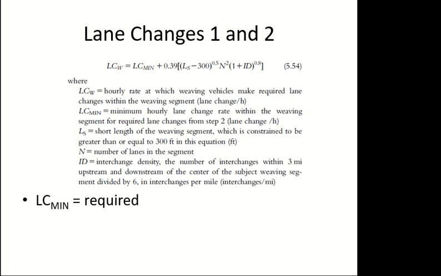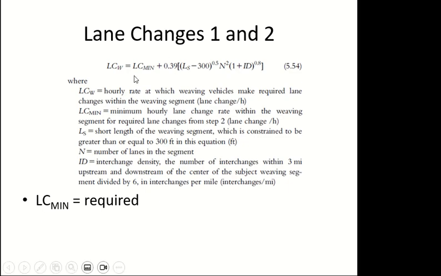So your total is 6 miles. So whatever number of interchanges you counted, we divide by 6. After the division, you will get interchange density, ID. ID is the number of interchanges in the 6 miles, divided by 6.